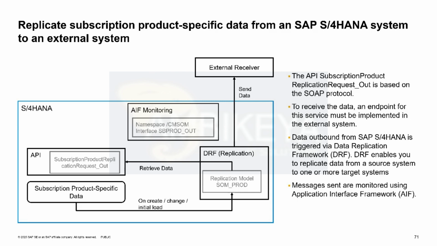We have built a replication model for that one, and it will retrieve via an API our subscription data and then send this data to an external receiver. And if you want to monitor this one, we also have offered an AIF monitoring if it's required. And then the external receiver will receive the information about cross-catalog mapping and can use that one in an external system if required.